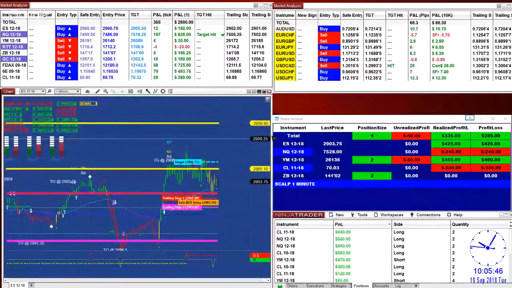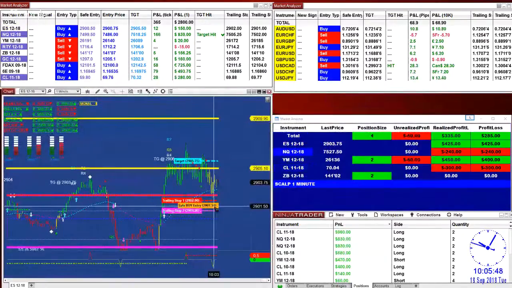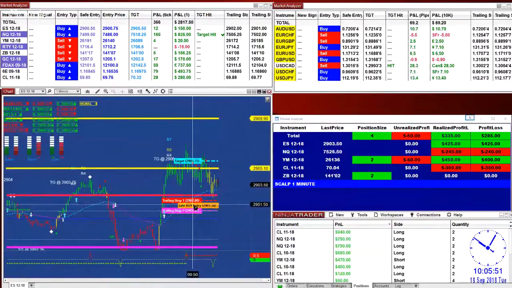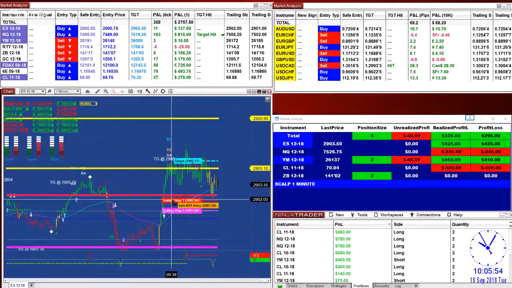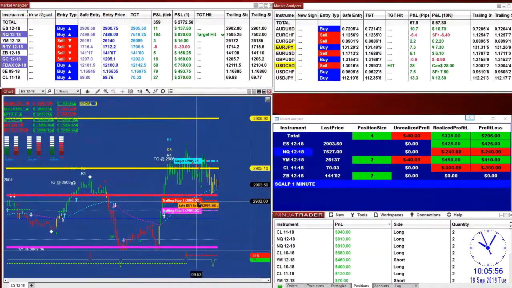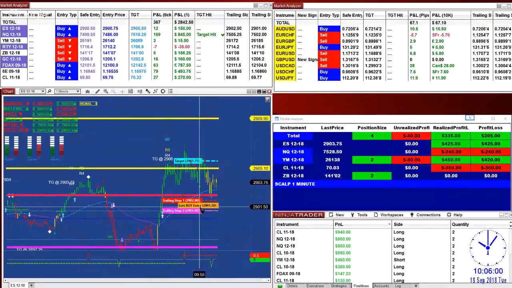Another thing on the pullback re-entry, the area here, the fully automated trade is a trading stop one. The trading stop one is based on floor and fibs. This is a minor support area. This one here is a pullback re-entry.